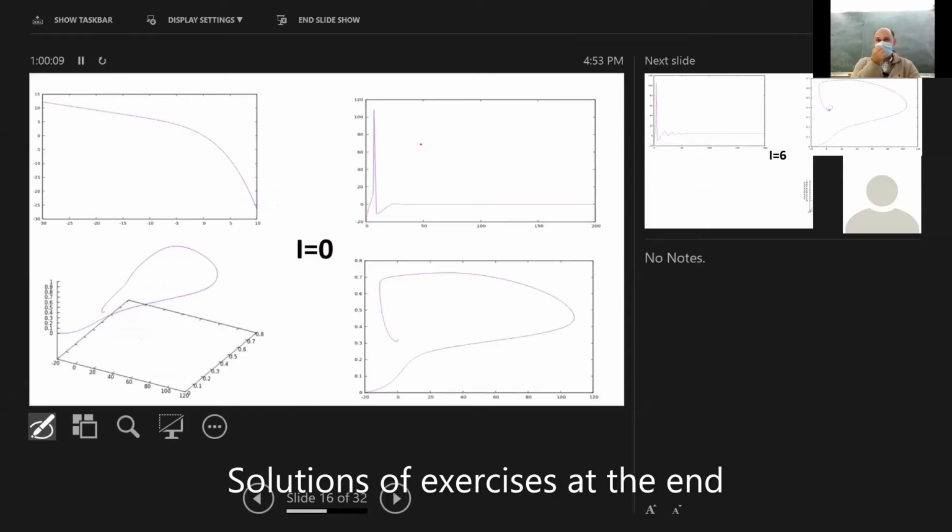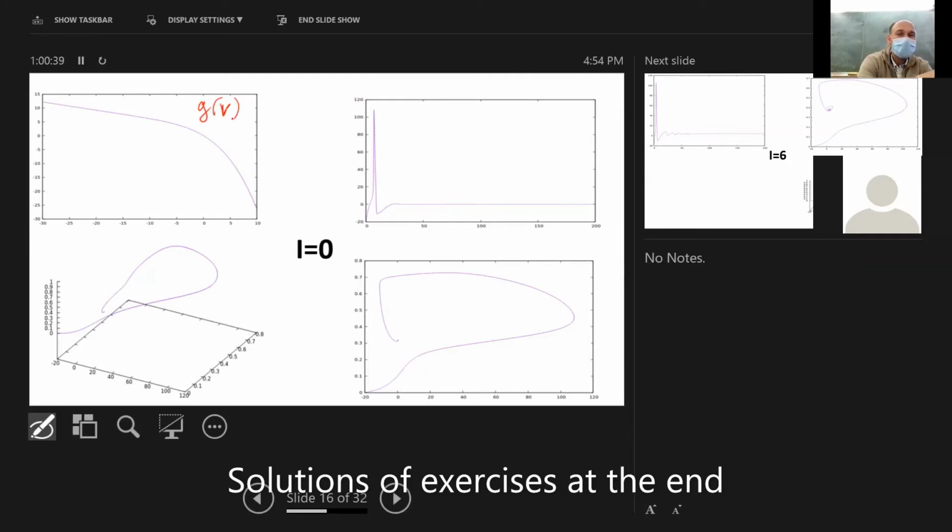What's next? So now the Hodgkin-Huxley equations depend on the parameter, which is I. So for I equals 0, here it's my function g of v.